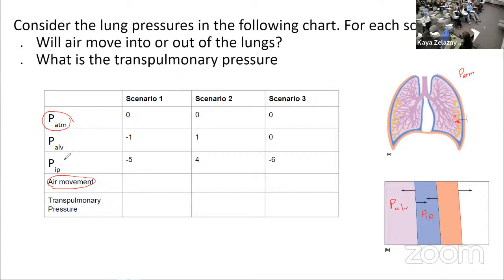Yeah, the alveolar pressure. Okay, so we're comparing our pressure in the atmosphere to our pressure in the alveoli, which is just the pressure inside our lung itself. And using just those two numbers, we can figure out whether air is moving in or out of the lung.